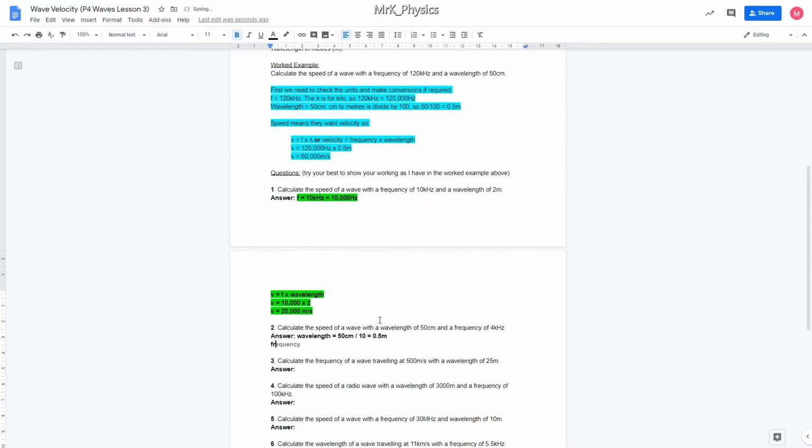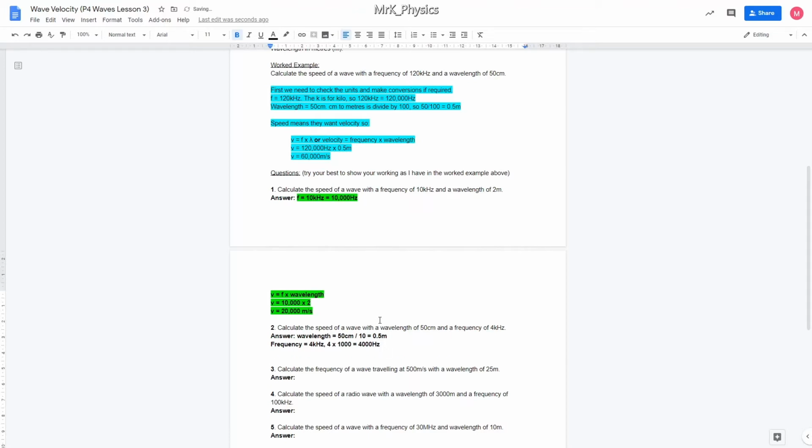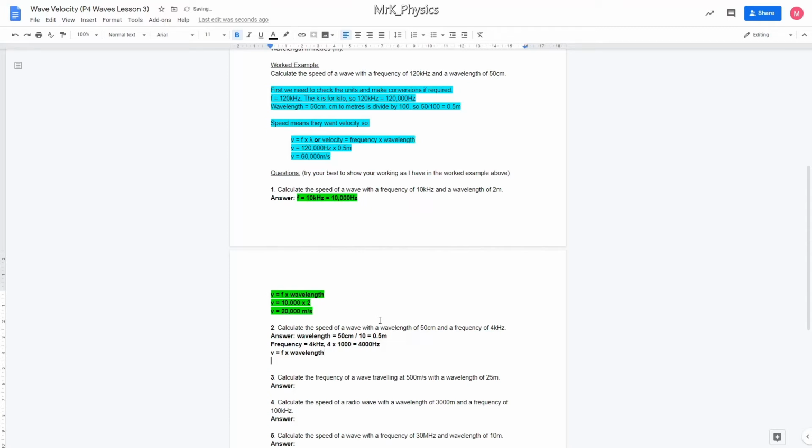And we've got frequency, which is 4 kilohertz, which, as we saw before, you times it by 1,000. So 4 times 1,000 gives you 4,000 hertz. So now we've done our conversion to frequency and wavelength. So we're now ready to go with our equation, which is V, wave velocity, equals frequency times by wavelength. And now we just substitute our numbers in.